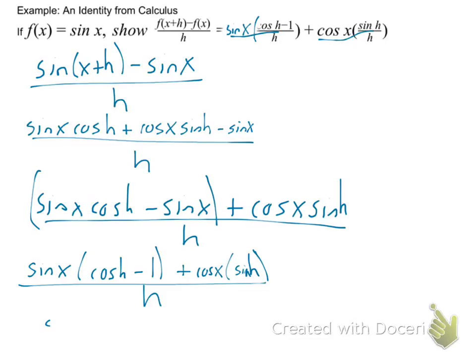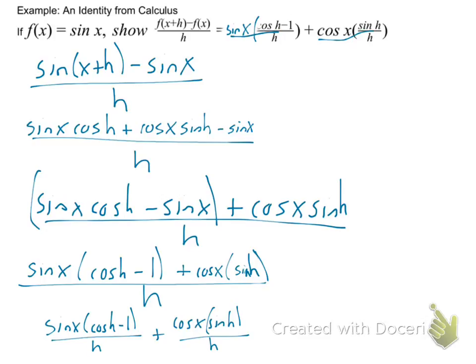So what they say is sine of x cosine h minus 1 all over h plus cosine x sine h all over h. And then the very last step, because it's fractions, you can multiply across the tops and then divide by the bottom denominators.